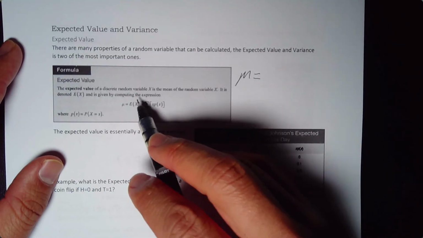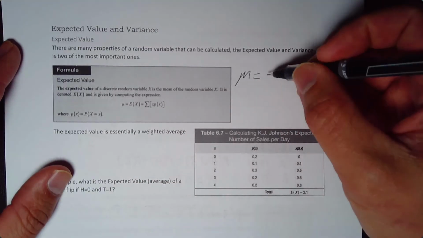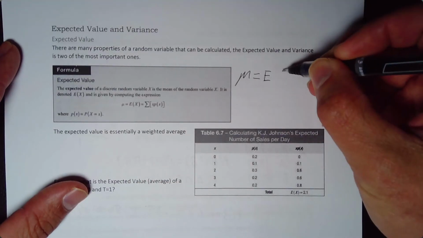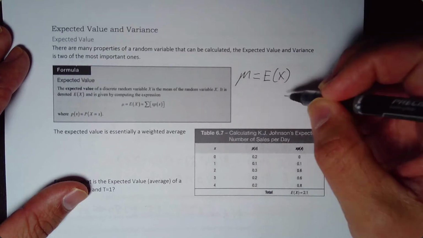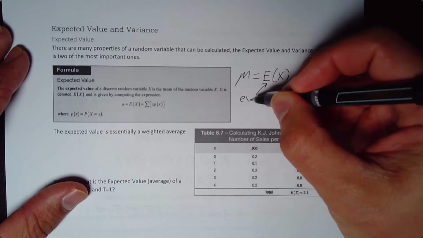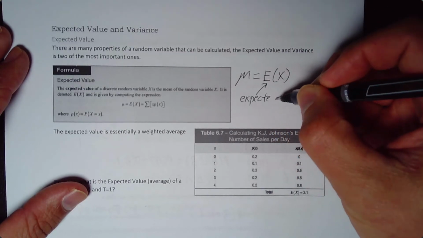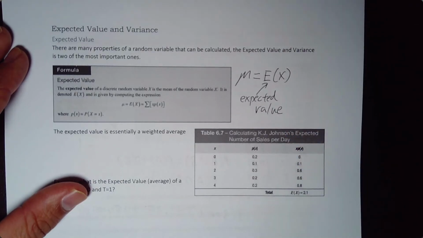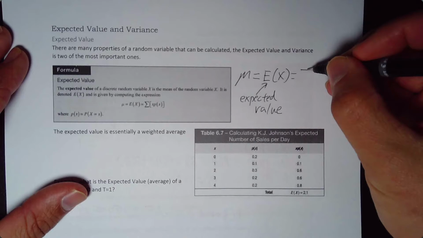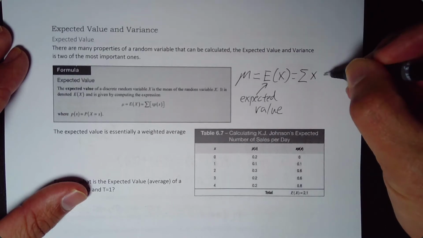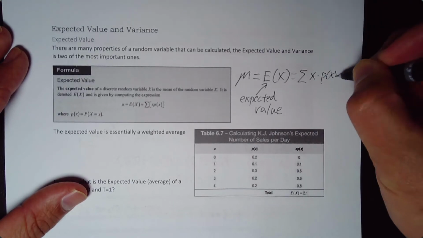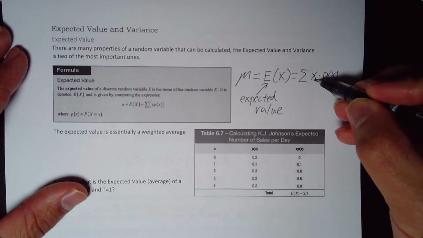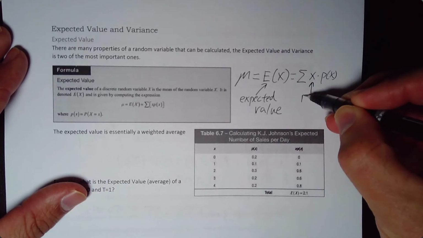The mean of x is calculated like so. We call it the expected value of x. It is the sum of x times the probability of x. Remember, x just means the possible outcomes.